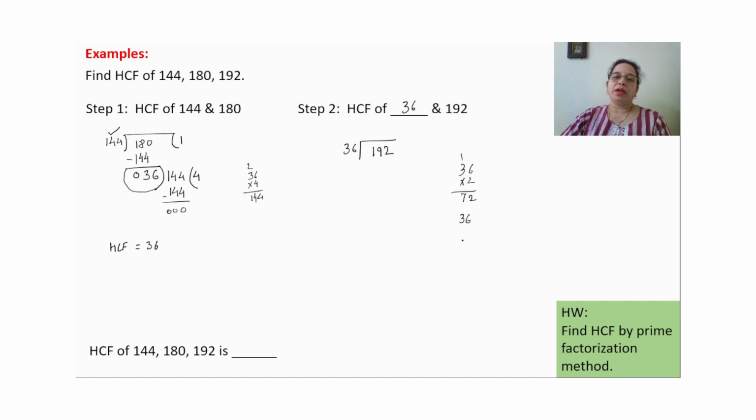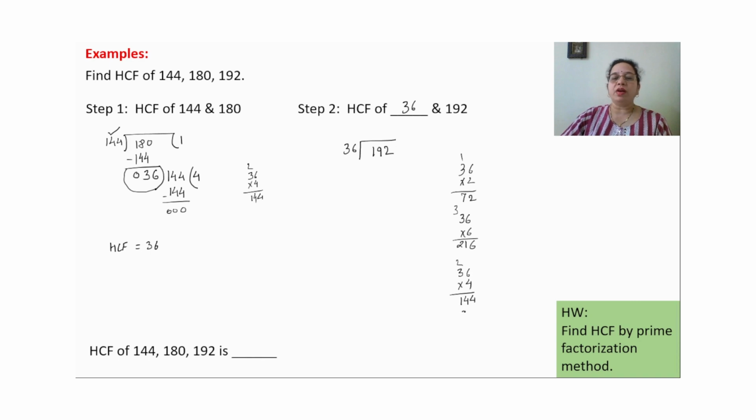We can try 6. 6 6s are 36, carry over 3, 6 3s are 18, 19, 20, 21. This number is very big, so can we divide by 4? 36 multiplied by 4: 4 6s are 24, carry over 2, 4 3s are 12, 13, 14, 144.